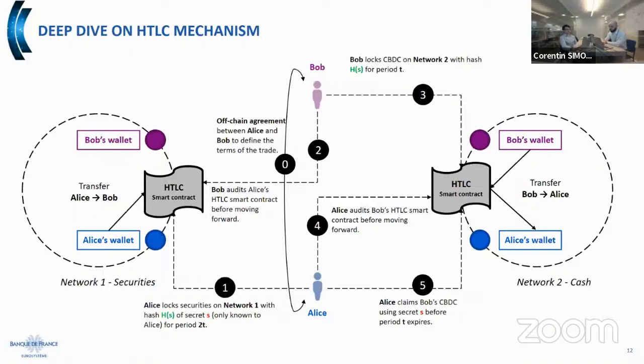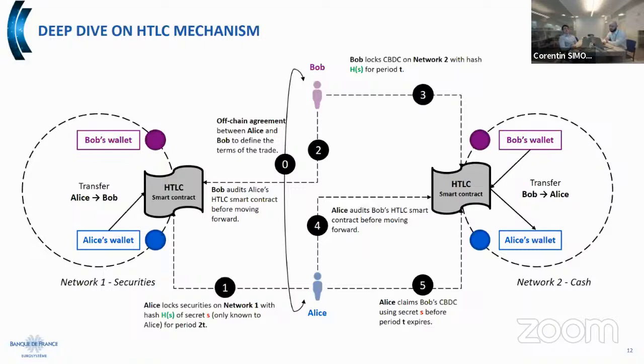And conversely, the secret cannot be revealed if Alice does not get the CBDC. So it is this all or nothing logic that makes it possible to deliver cash and securities in turn with a delay, because Bob has the guarantee that he will be able to claim the securities using the published secret.